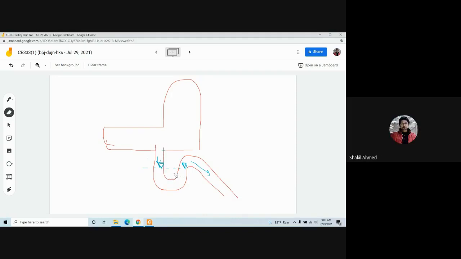So after the flush, what is happening? There is always water standing here. This is called a water seal.